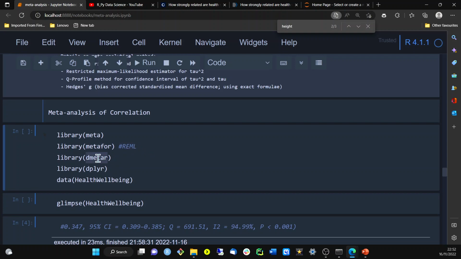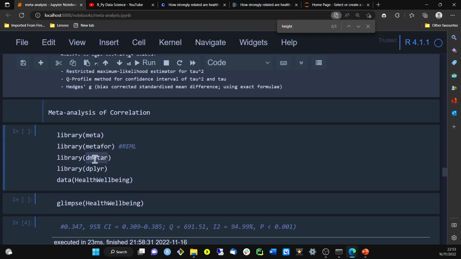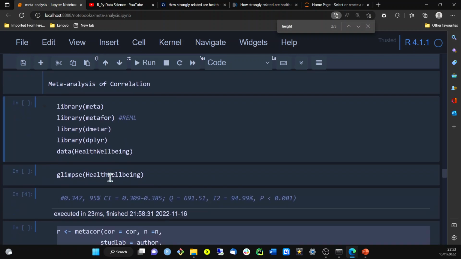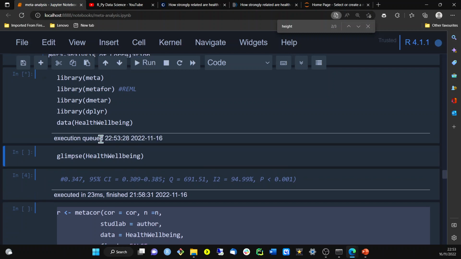And dmetar is to access this data, which is publicly available, but it's part of the dmetar package. So we will access that data, and it's actually called health well-being. And if we do some data manipulation, we can also use dplyr, just to avoid the base R way of doing things, and it's much easier to use the package. So let me run this and load my packages.